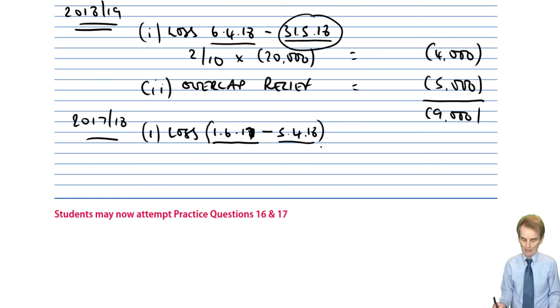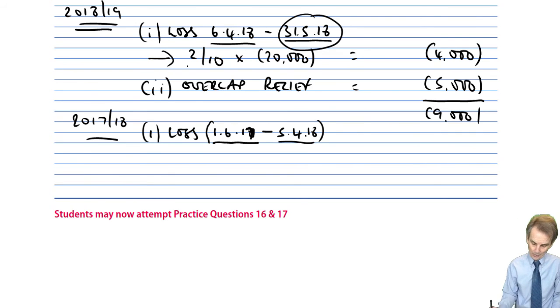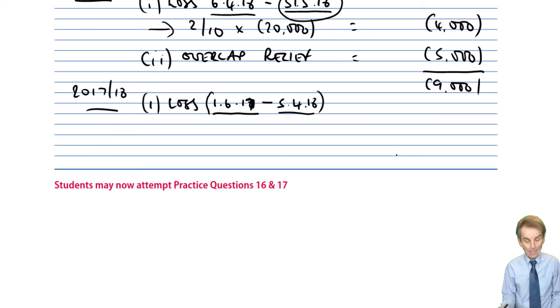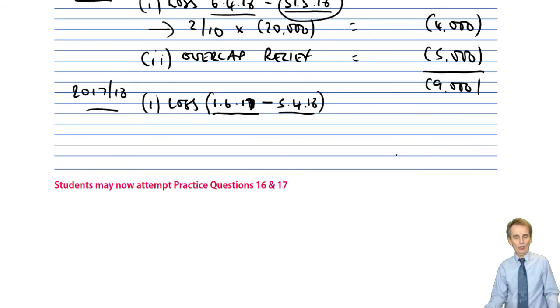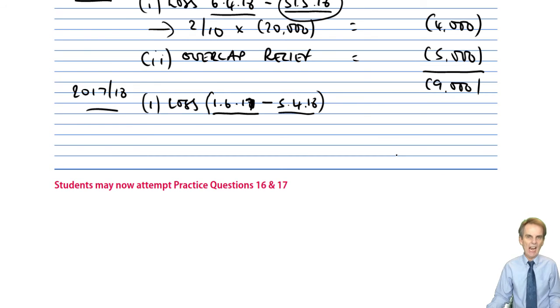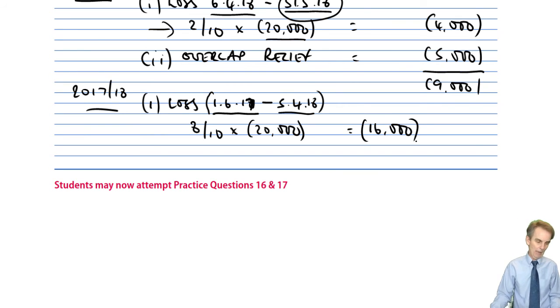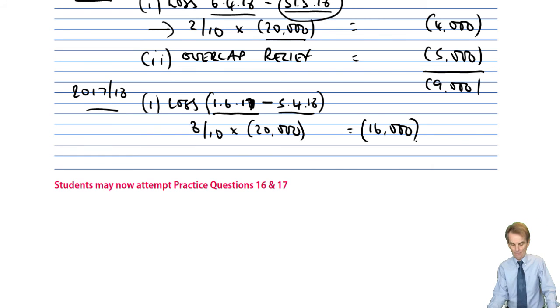So what goes in there? Well, to begin with, of course, if we work back in time, we have allocated to the final tax year 2 months of the final 10-month loss-making period of £20,000. So very clearly, therefore, we now need the remaining 8 months of that 10-month period in which there was the loss of £20,000, and that, therefore, will be a loss of £16,000, a loss of £16,000.